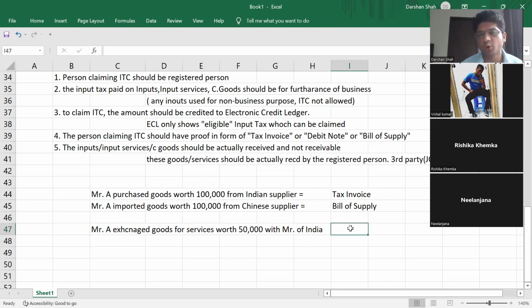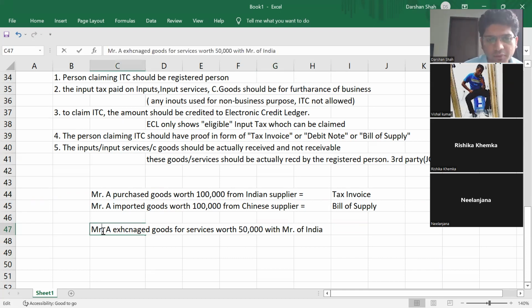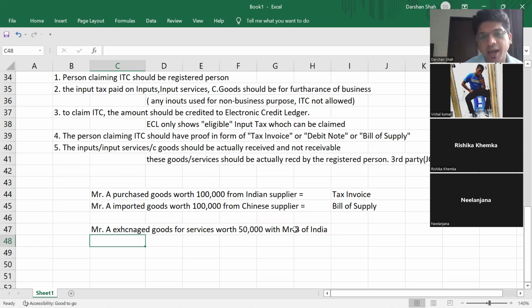So Mr. A provided services of 50,000, and instead of paying Mr. A 50,000, Mr. B supplied raw material. Mr. B said, I'll not pay you in cash. You are a producer of benches, right? So instead of paying you in cash, I'll just give you wood worth rupees 50,000.